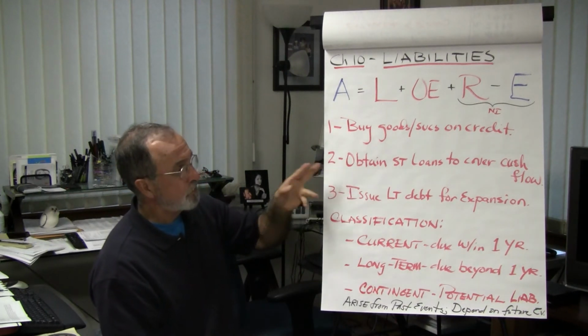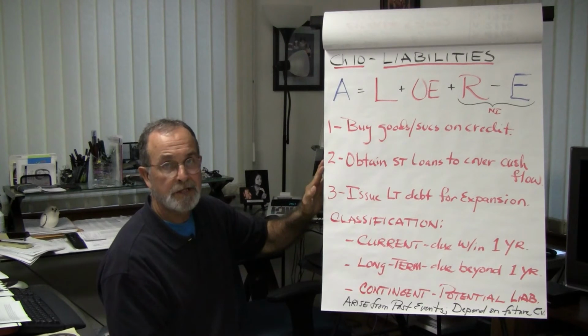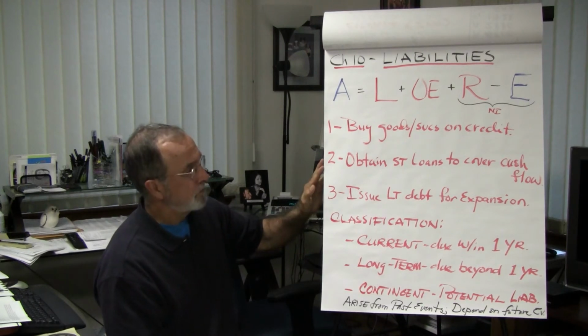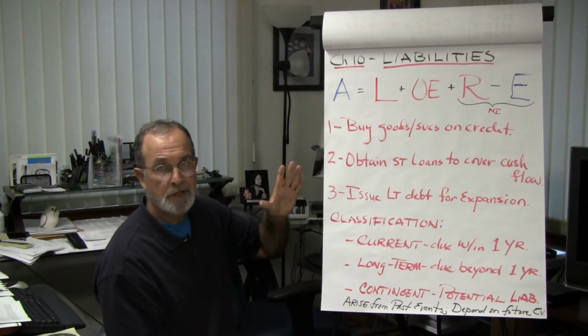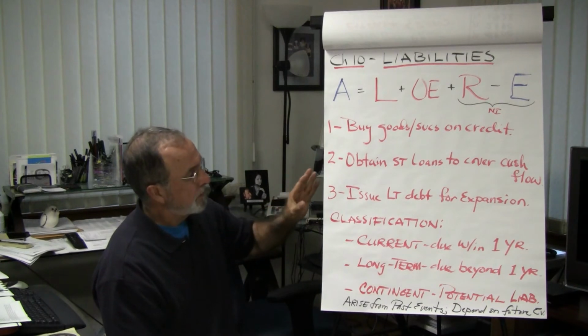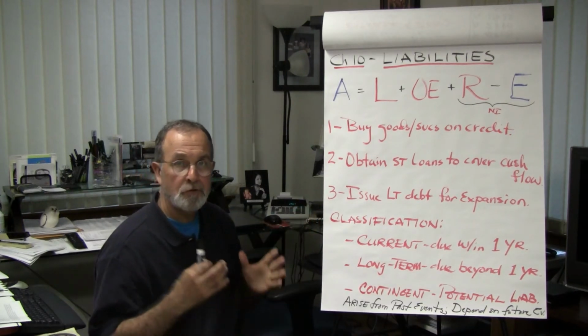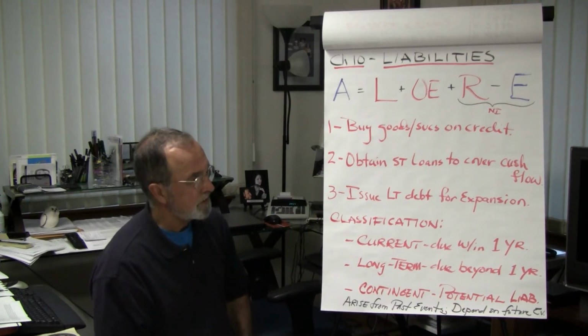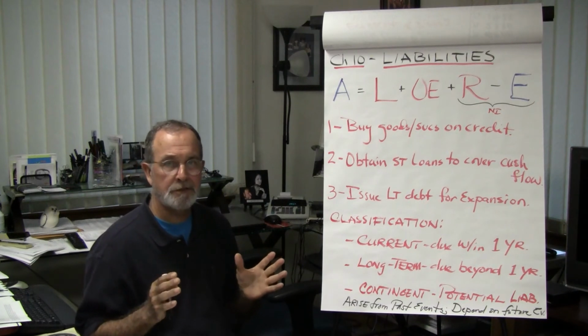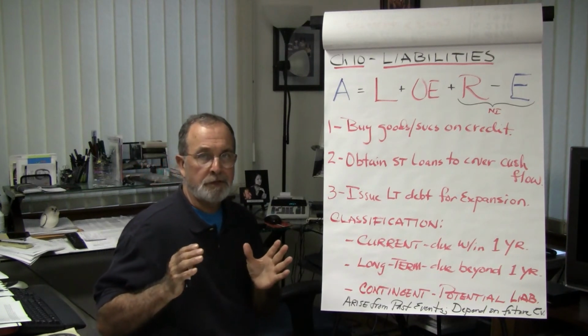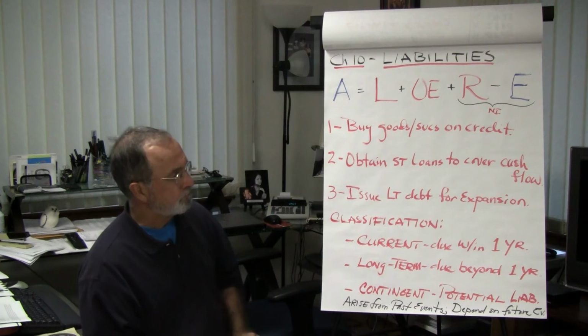And again, if they are short-term, that means they would be classified as current liabilities. We'll talk about current versus non-current shortly. And then finally, the business can also issue long-term debt for expansion. The three main types of transactions that would result in the creation of a liability.